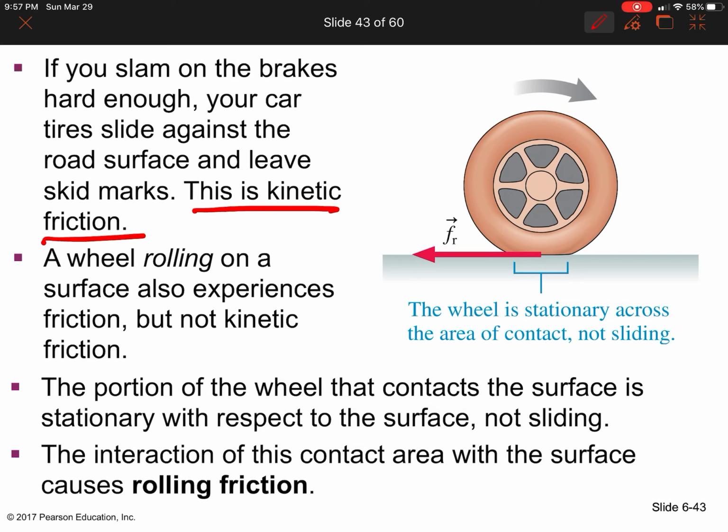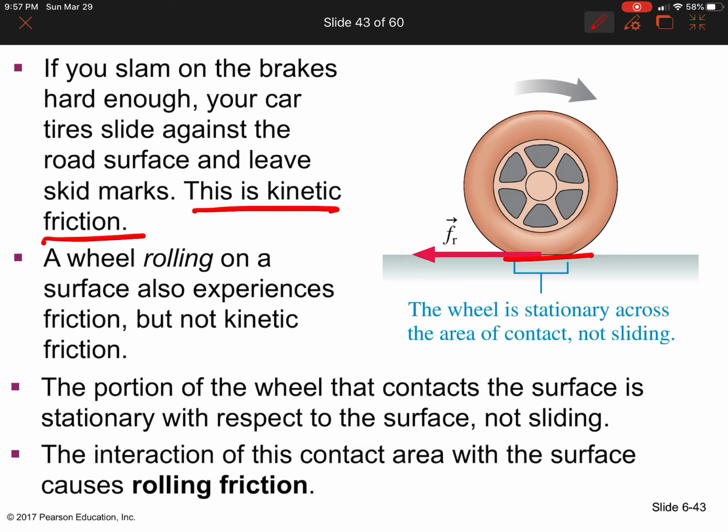So it's kind of hard to distinguish between the two because they're both moving, but one is moving in a circular motion, a rolling surface, where the other one is experiencing kinetic friction based on this point right here.